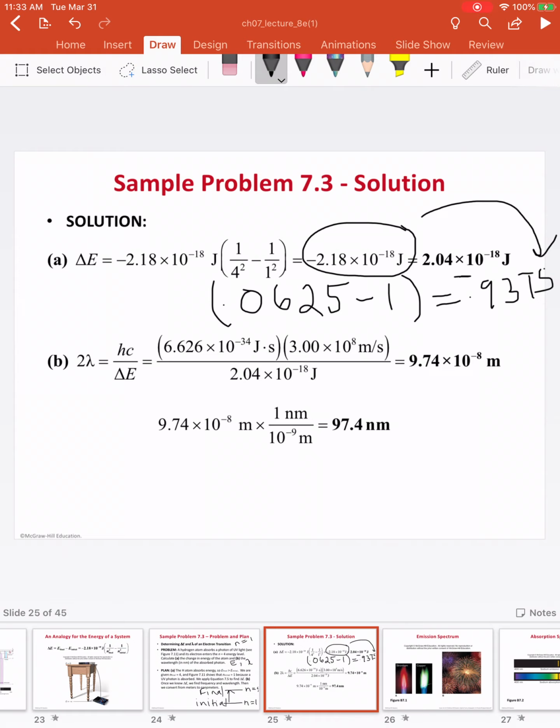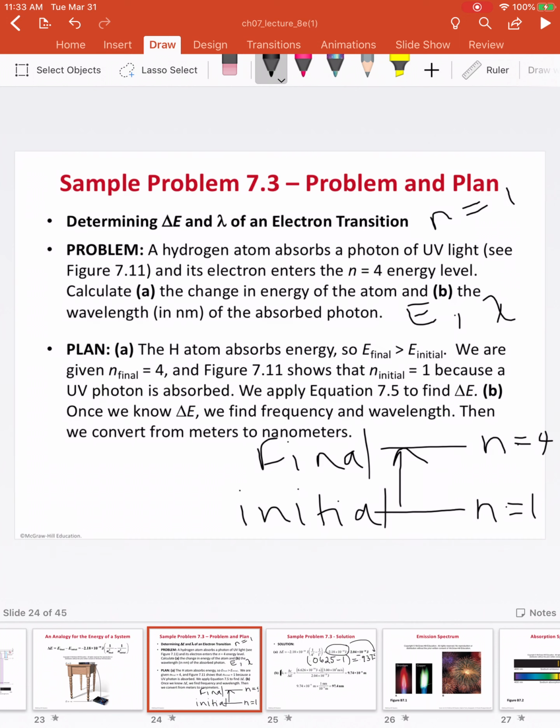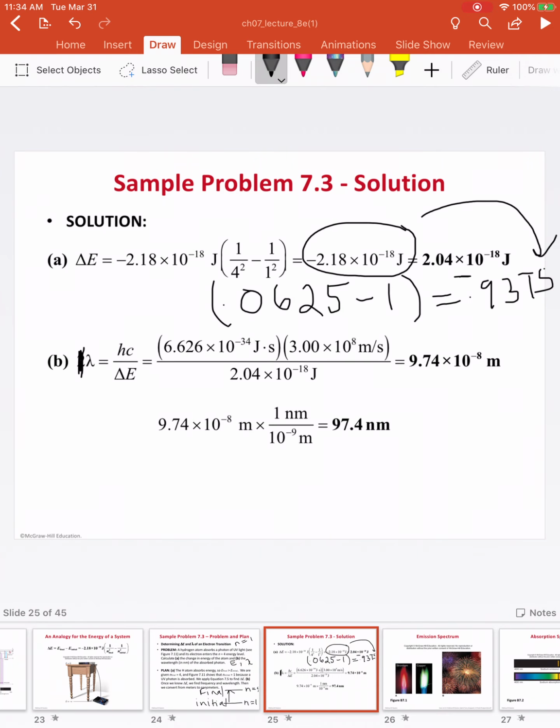We also want to find out the wavelength, and again here is a typo where it says 2 lambda. You don't need this 2 part, it's just lambda, which is the wavelength. If you go back here, it is asking for the wavelength of the absorbed photon. Remember, we used the equation energy equals h nu, and we know c equals lambda times nu.